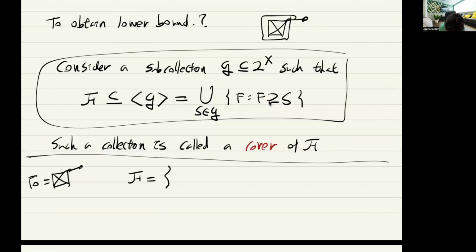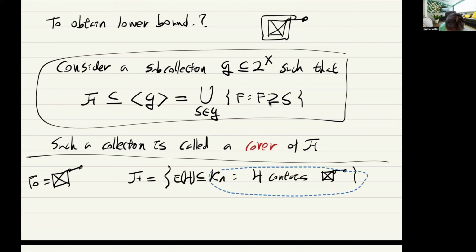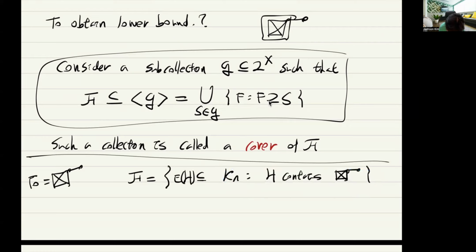If you consider all the subgraphs of Kn, where the H contains these, right? Technically, this is an edge graph. So that's your definition of this increasing graph. Any graph that contains a copy of this is in F.